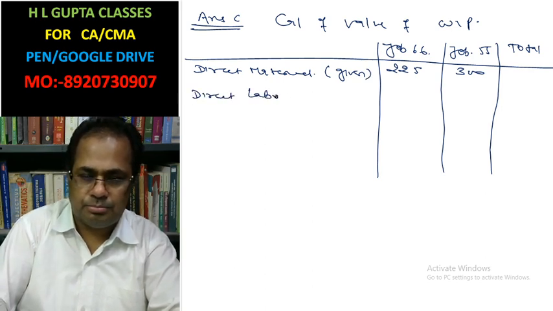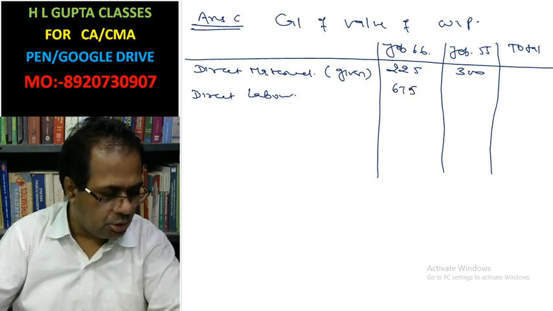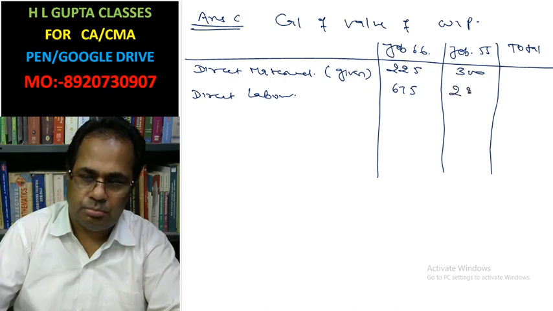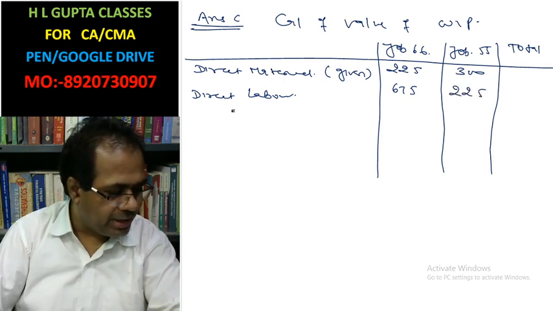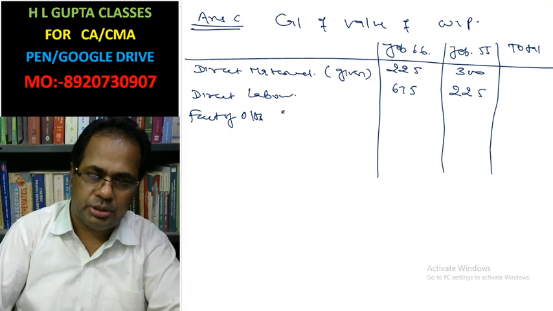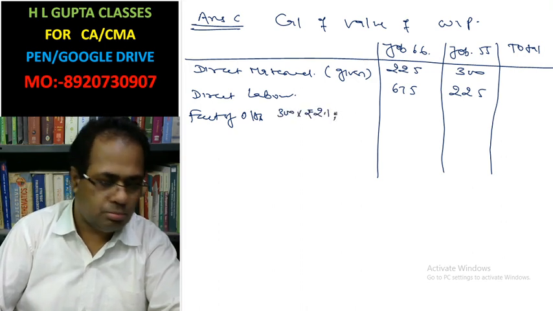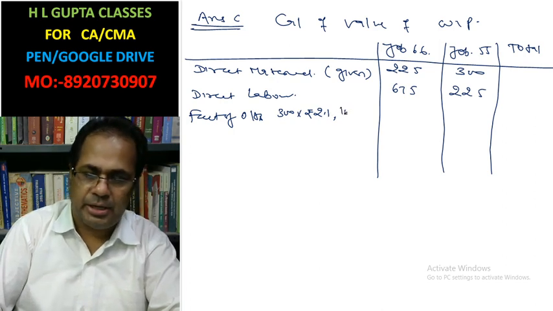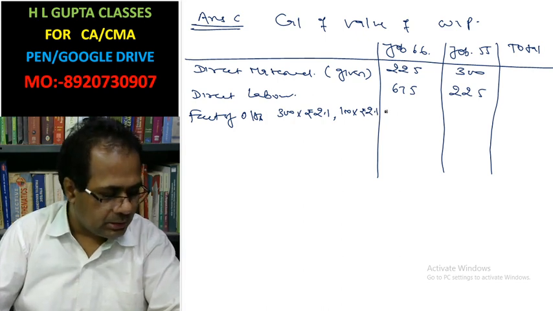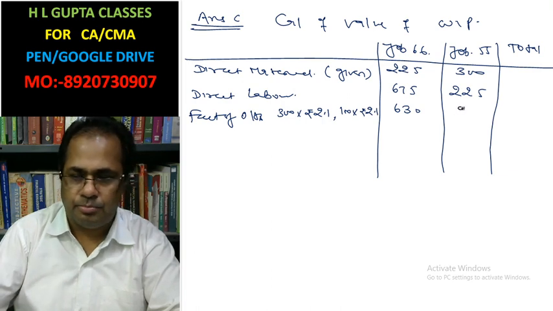Direct labor is 675 and 225. Factory overhead is 300 into 2.1 and 100 into 2.1, that will be 630 and 210.